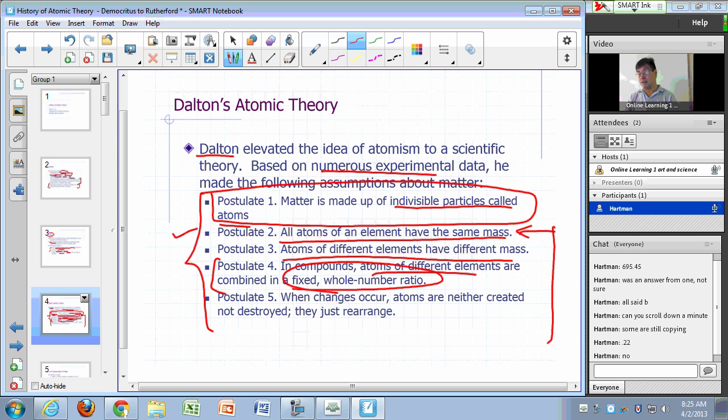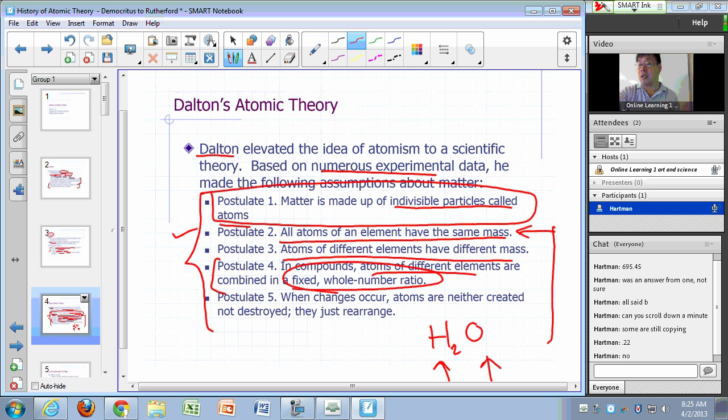That led to the notion of a formula for a compound. If you write H2O for water, you can explain why it has a definite composition: for every oxygen you find in that compound, you're going to find 2 hydrogen atoms.